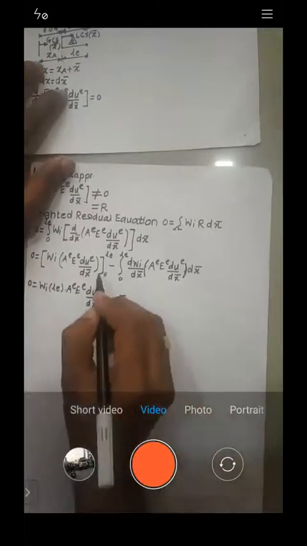Minus this when 0: weight function at 0 into AE EE dUE by dx bar when x bar is equal to 0.